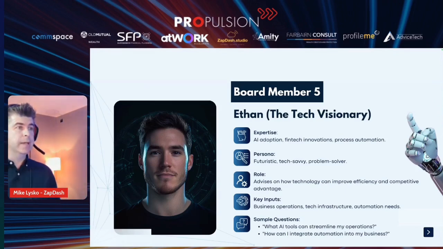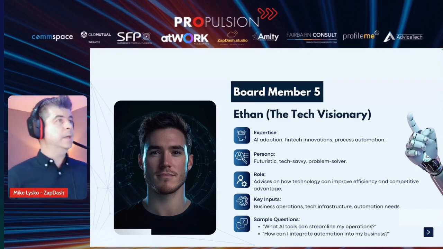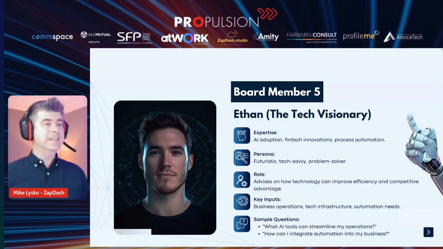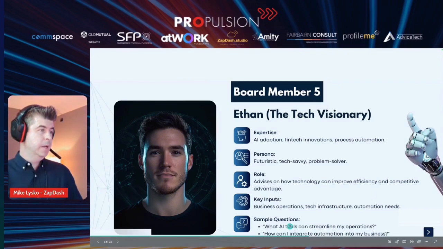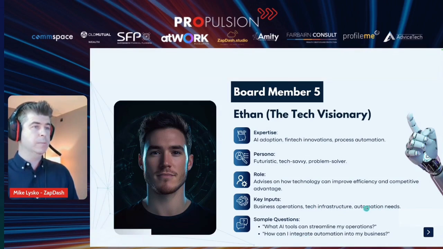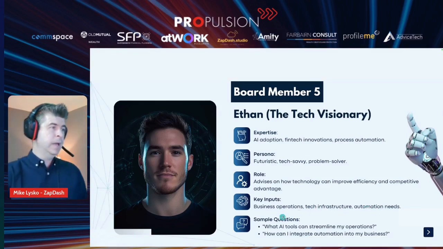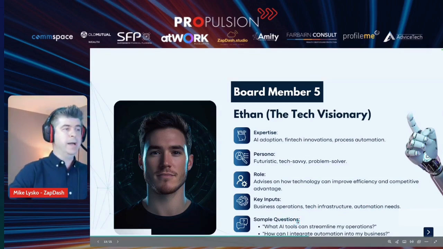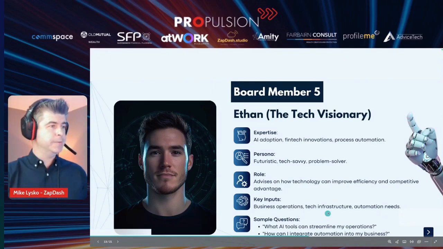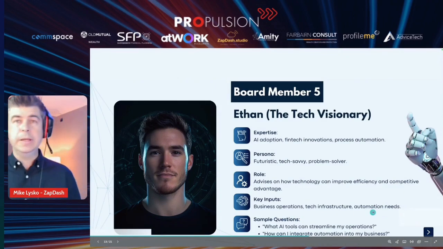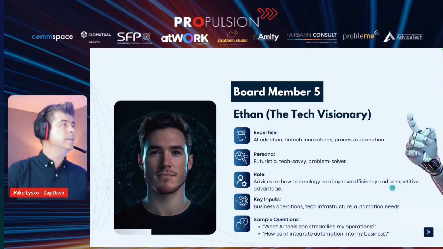Otherwise, there's some other tools that you can reference, but Ethan certainly does help from a technical aspect. So you can see, his key inputs are business operations, tech infrastructure, and automation needs. And then sample questions are what AI tools can streamline my operations? How can I integrate automation into my business? Okay, so that's Ethan, the tech visionary.